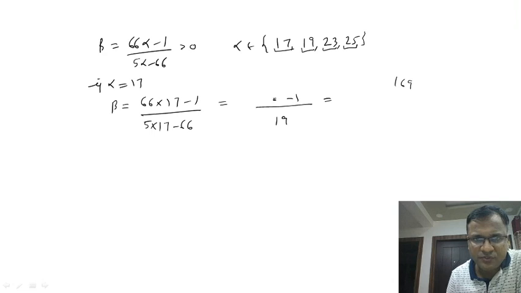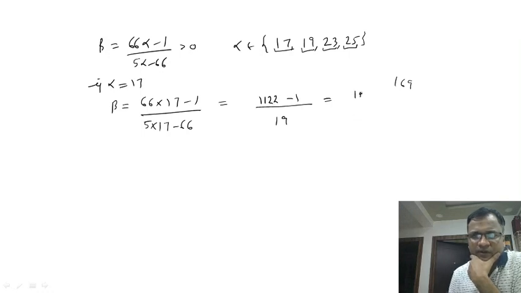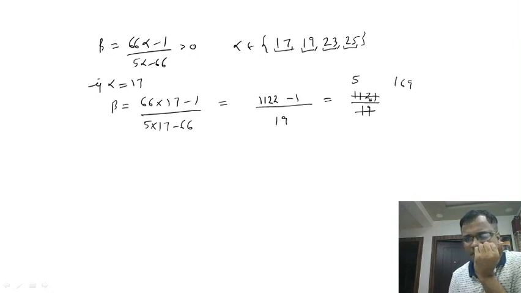17 times 6 is 102, carry 10. 102 plus 10 is 112. Yeah, that's okay. So 1121 divided by 19. 19 times 5 is 95, the remainder is 12 plus 5 is 17, 171, and 19 times 9 is 171.